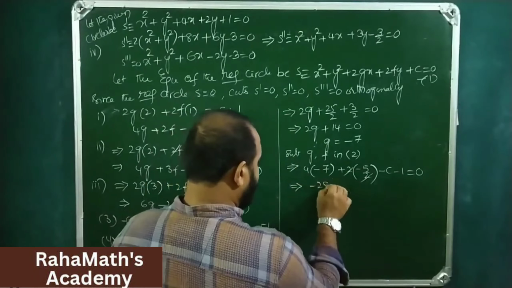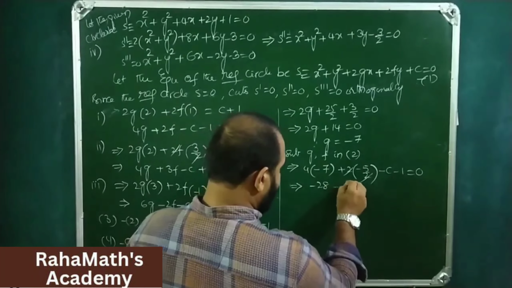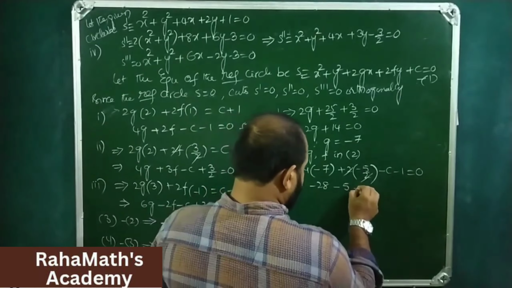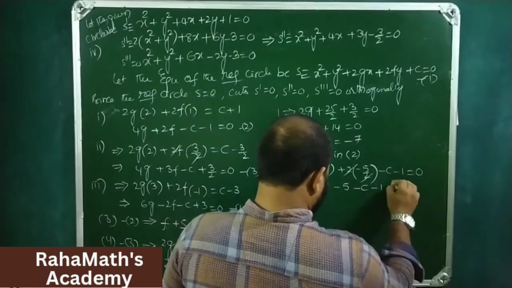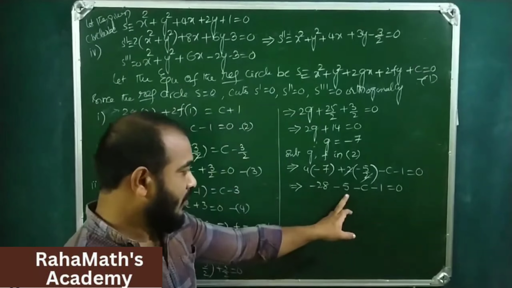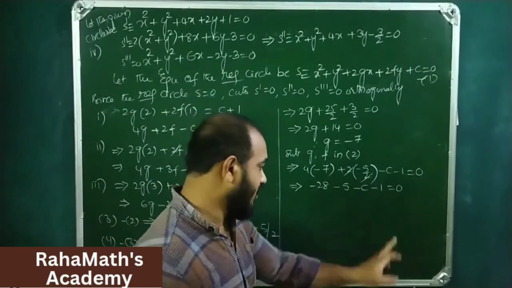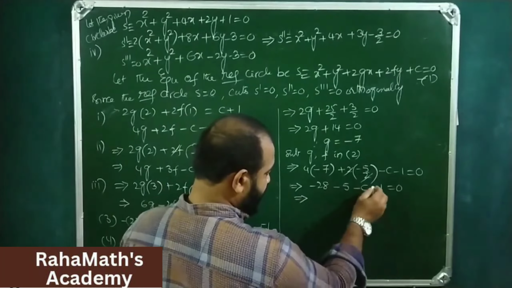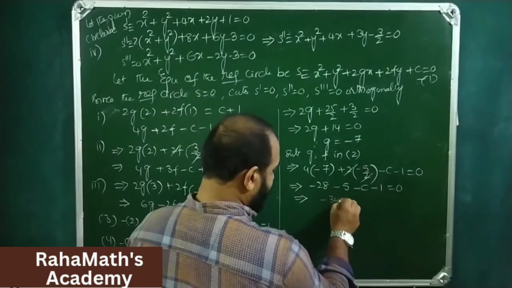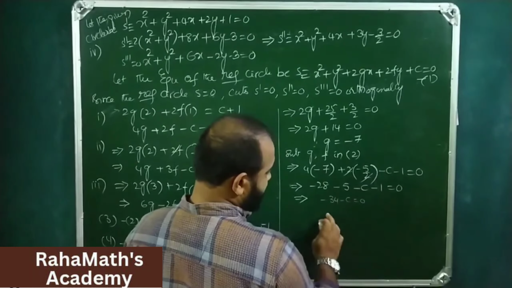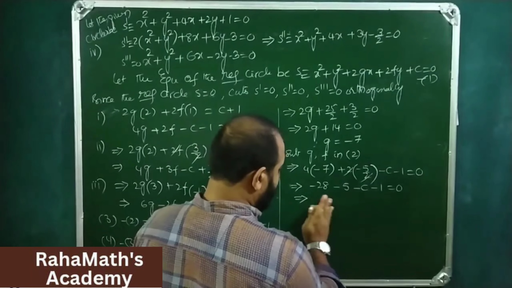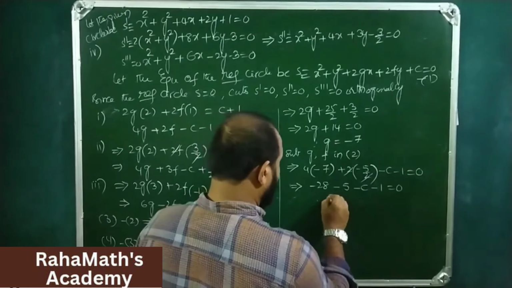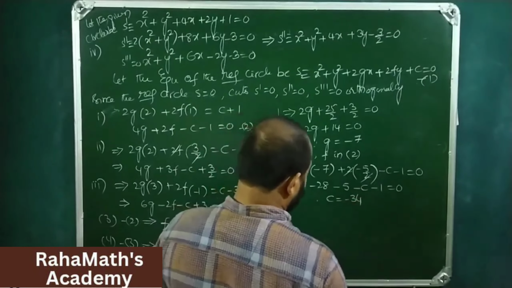Minus 28 minus 5 minus c minus 1 equals to 0. Minus 28 minus 5 is minus 33, minus 34. So minus 34 minus c equals to 0. C is equals to minus 34. Therefore, C is equals to minus 34.